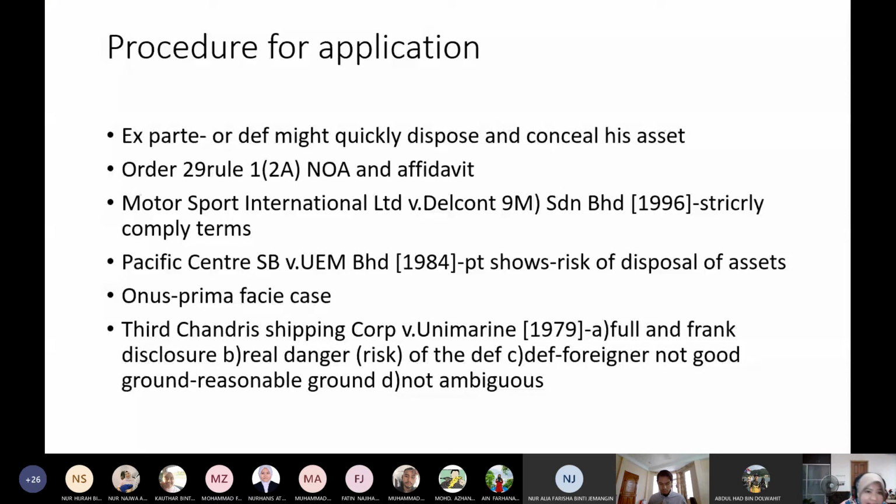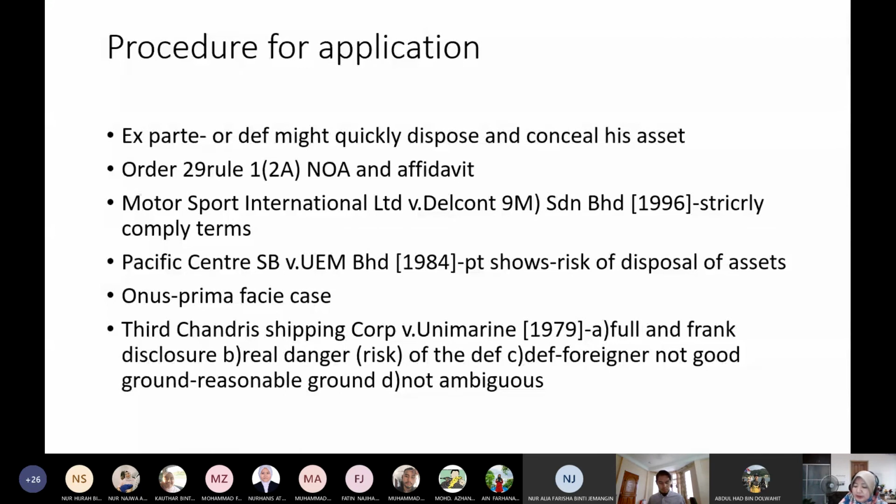It is to be ex parte, or the defendant might quickly dispose of and conceal his assets. To do it by Order 29, Rule 1, Sub 2A. Order 29 is in your Rules of Court, on detention or preservation of the subject matter.